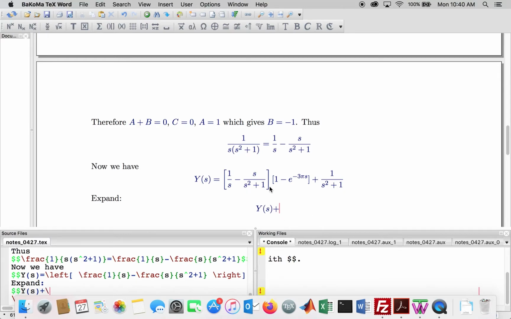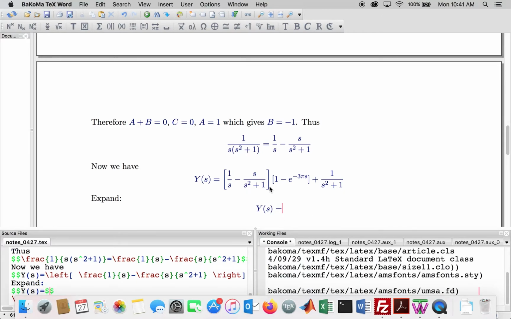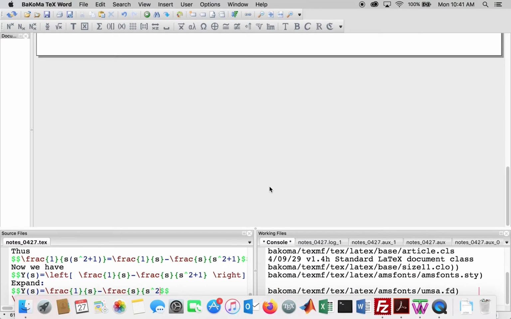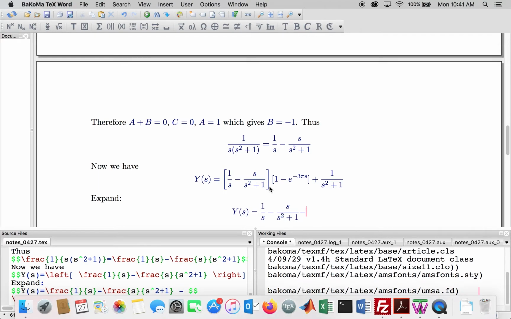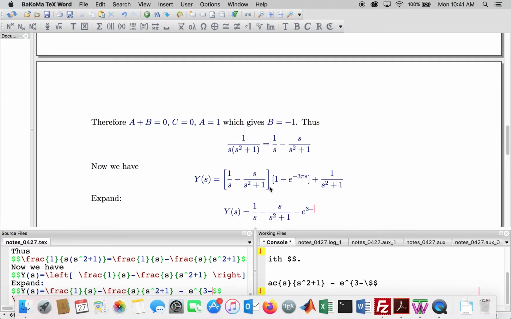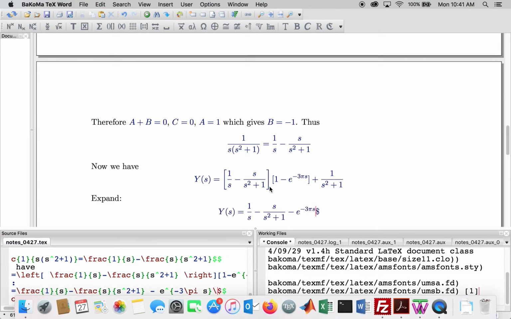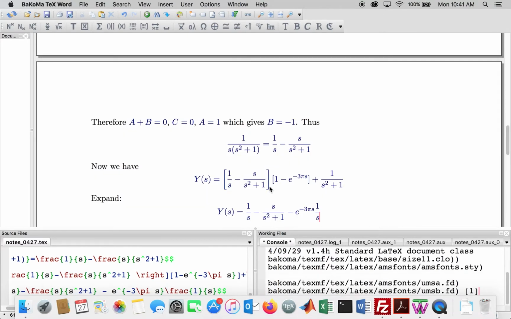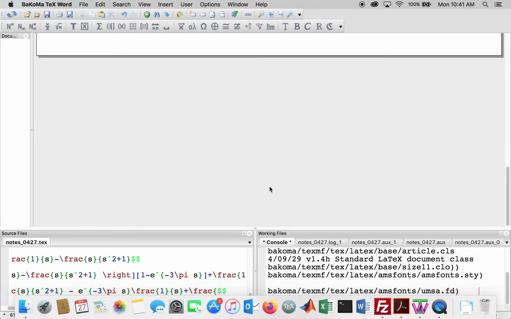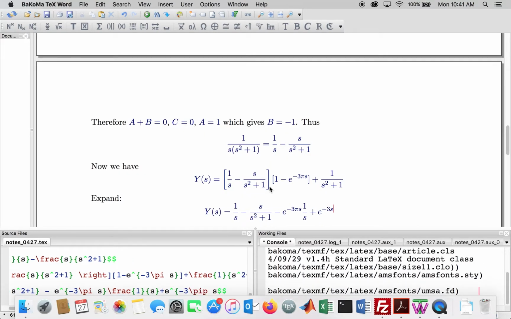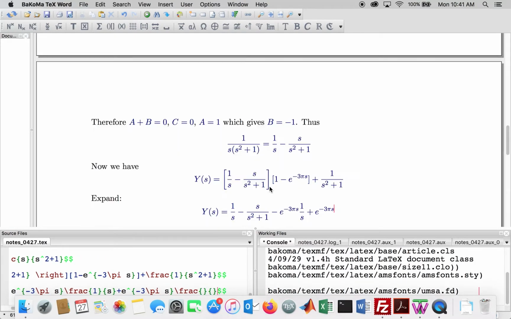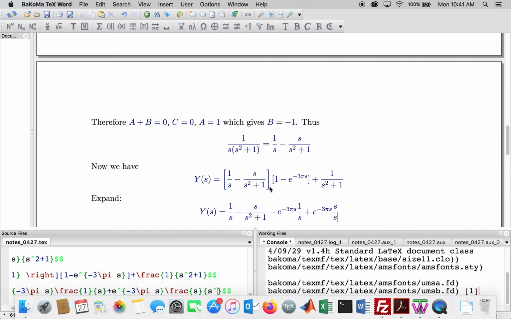So just multiplying this out, I get 1 over s, then I have minus s over s squared plus 1, then I have minus e to the minus 3 pi s times 1 over s, plus e to the minus 3 pi s times s over s squared plus 1.